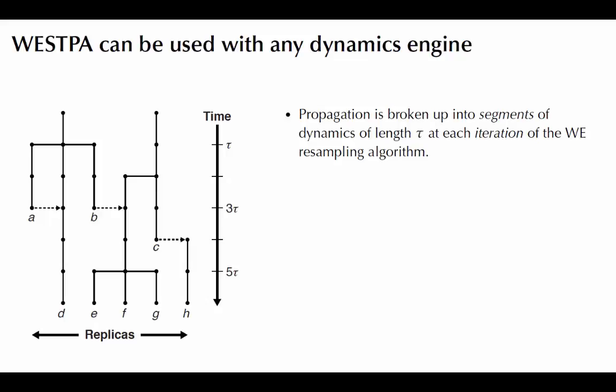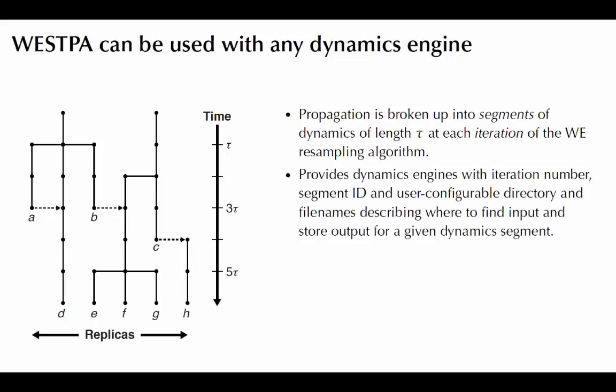Every tau, we stop and ask each walker, each trajectory, have you made progress towards the rare event of interest? At that point, we resample the trajectories, and we say that we've concluded one iteration of propagation and resampling. So what we do is we provide our dynamics engines with information about what's going on.